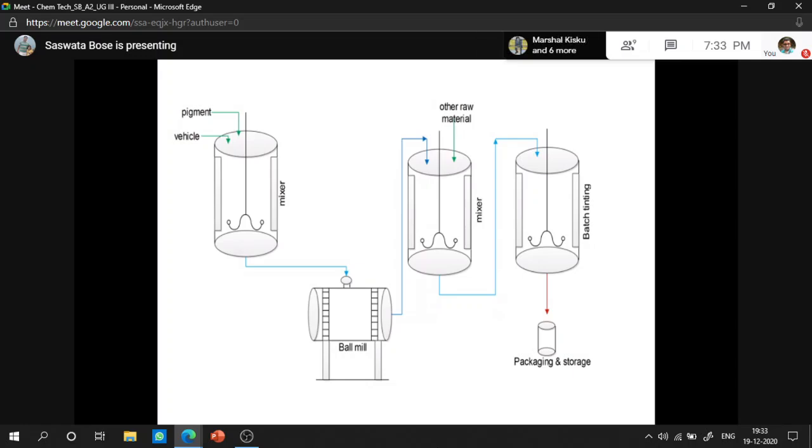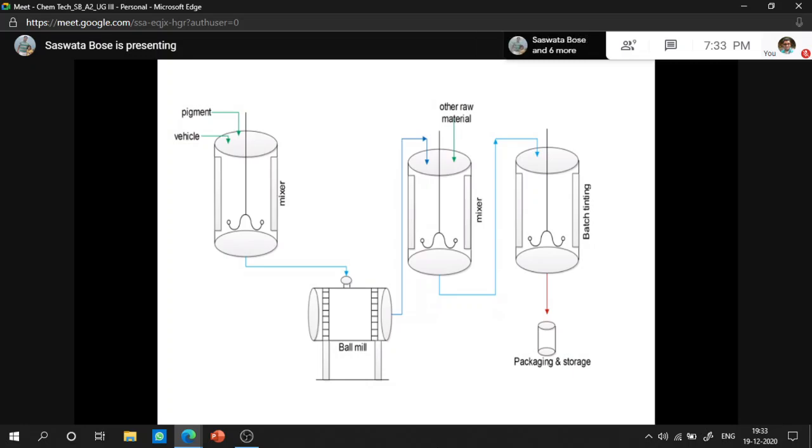So pigment in a paint vehicle to produce a uniform stable system, this would be our aim.